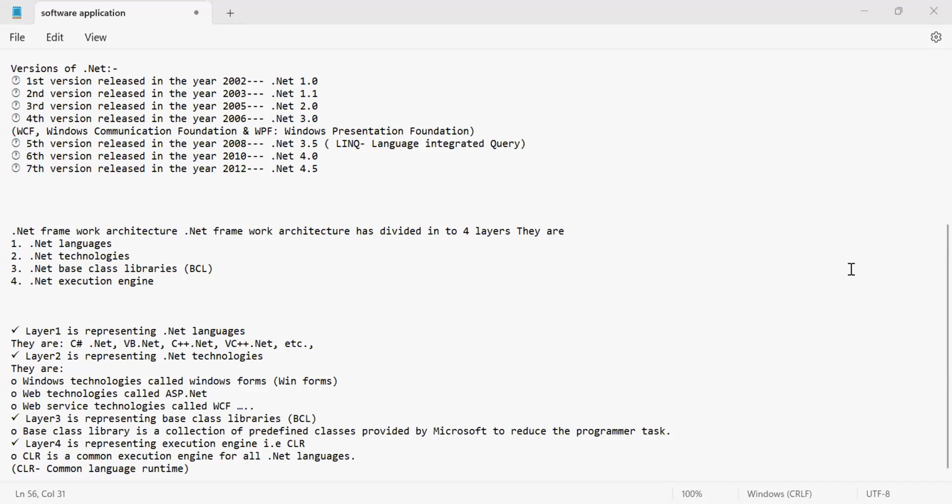Someone, when he asks all the basic client questions, will definitely ask about the .NET Execution Engine. Remember, they will definitely ask about the base class library. They will ask, did you develop any base class library? Then you should say, even if you didn't develop one, yes, I developed some predefined classes that we used as a collection to reduce our programming task.